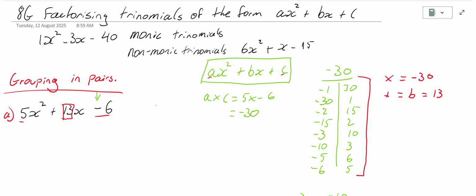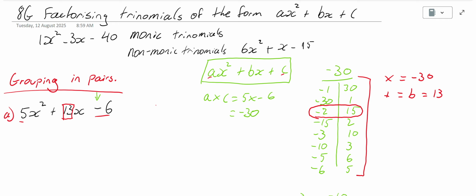So if you look at your factors in the tree underneath the negative 30 in green, the two numbers that add to give positive 13 are negative 2 and 15. Negative 2 plus 15 gives you positive 13. If you're thinking, what about negative 15 and 2? Well, negative 15 plus 2 gives you negative 13, and we're looking for a positive 13.